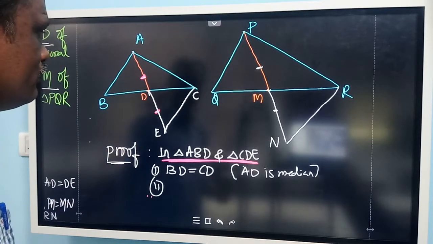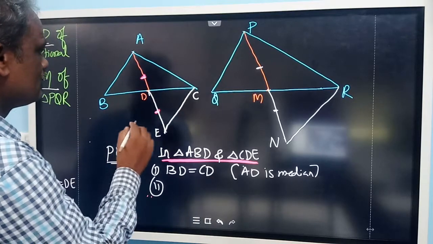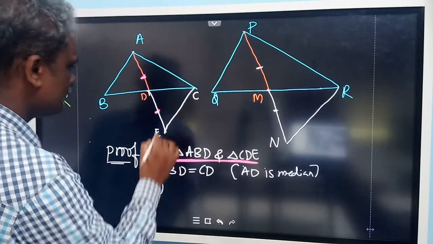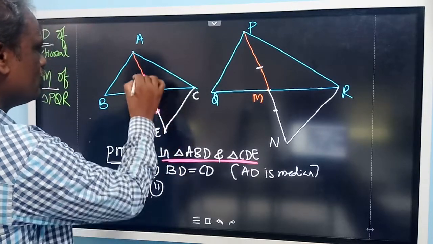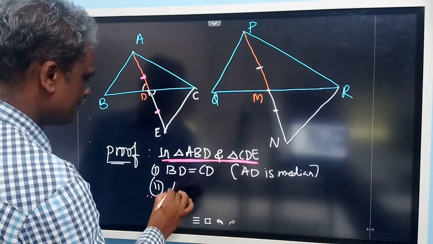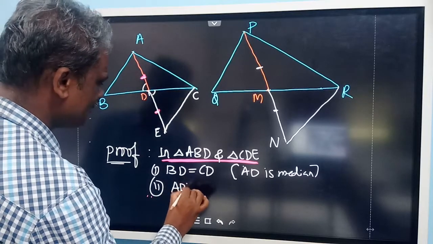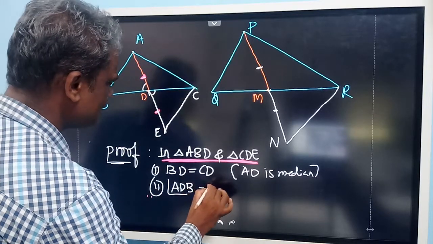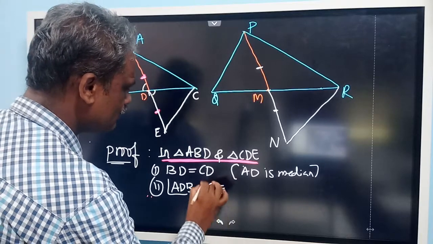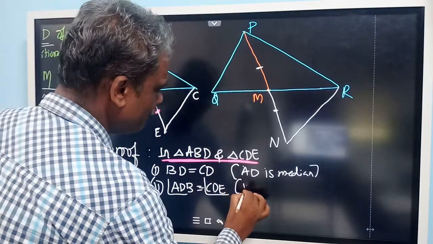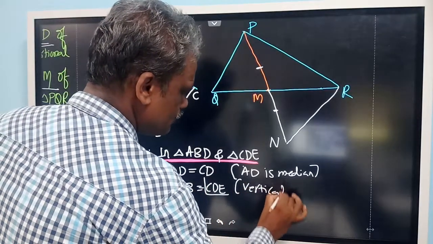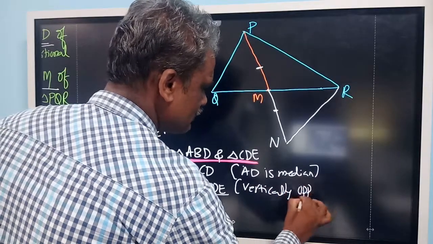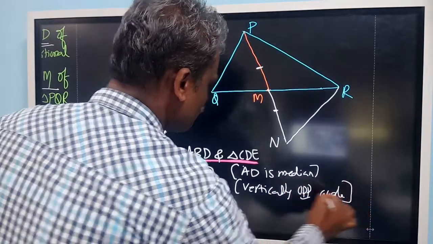The angle ADB is equal to angle CDE. Very good. Angle ADB is equal to angle CDE. What is the reason? Vertically opposite angles. Okay, good.